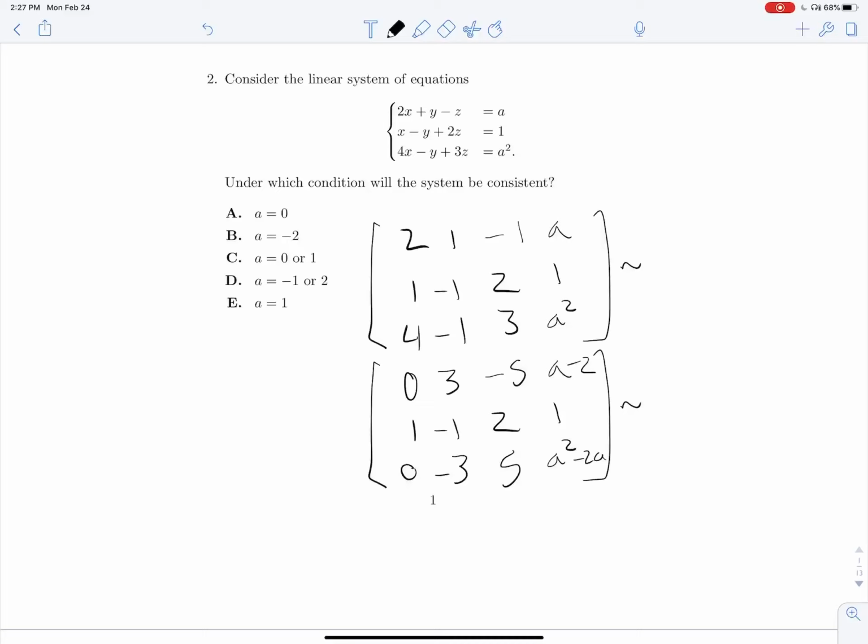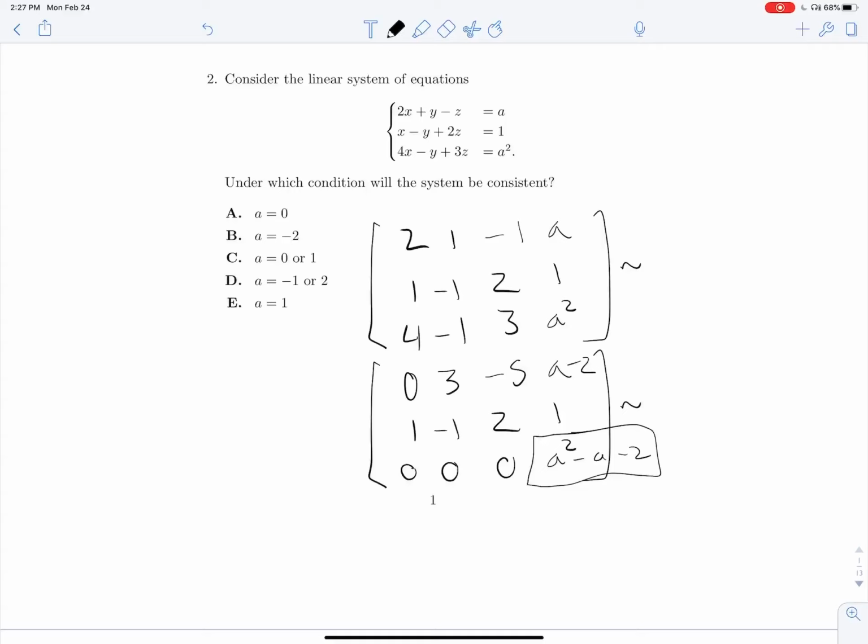And let's see what we can do with this. Oh, okay, now this is looking pretty good. Let's add row 1 to row 3. 0, 0, minus a, and then minus 2. So we see that we have this to the point where this expression right here must be equal to 0 in order for our system to be consistent.